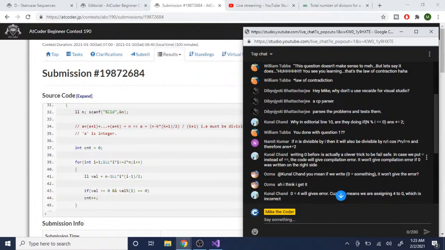If n is divisible by i, then it would be divisible by n over i, because 1 over n over i is equal to n. Therefore, answer. Wait, why would it plus 2? That doesn't make sense.